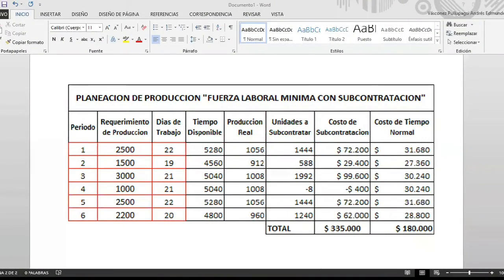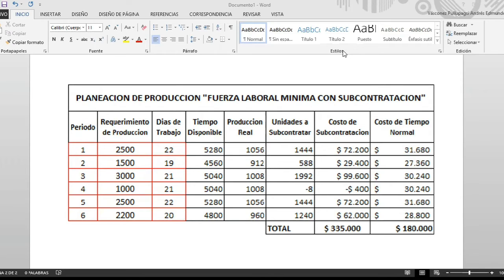For the example, we will use the aggregate plan method minimum workforce with subcontracting. We have periods, production requirements, work days, available time, real production, units to subcontract, outsourcing cost, and normal time cost.